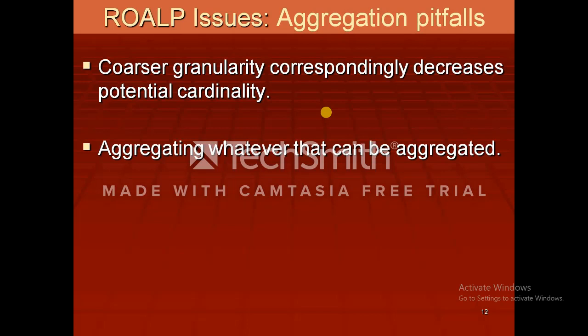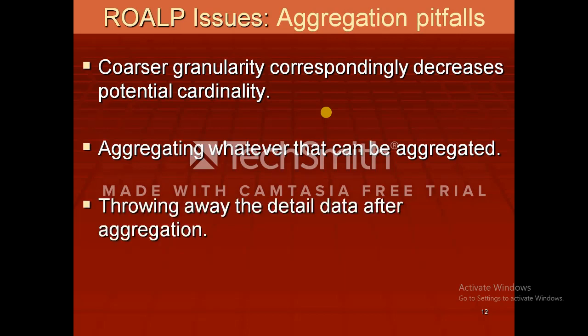So based upon the above statement, we can say aggregating whatever can be aggregated. If we combine all the hierarchies of a dimension, we can get all the combinations and store all the summaries of those combinations inside a data warehouse. Again, the main issue is that we will have to make storage available for that kind of combination.